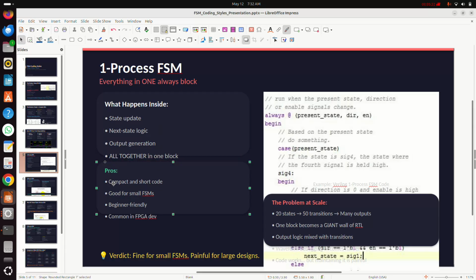The benefits of this one process FSM are compact and short code, it is good for small FSMs and beginner friendly, and common in FPGA development. But it also has some problems. When there are many states, like 20 states, 50 transitions, and many outputs, one block becomes a giant wall of RTL, and the output logic is mixed with the transitions.